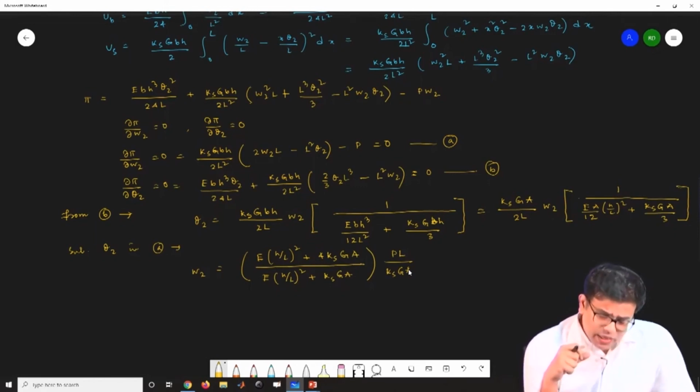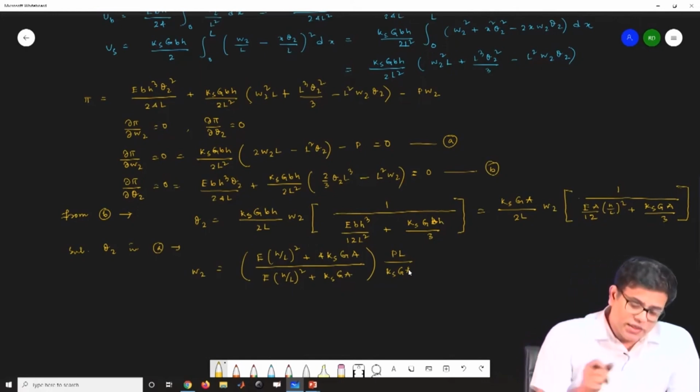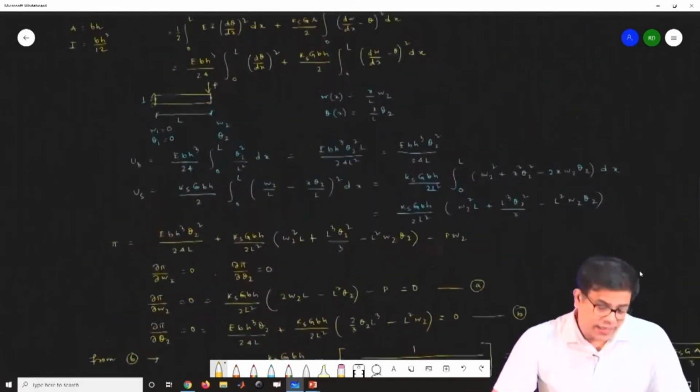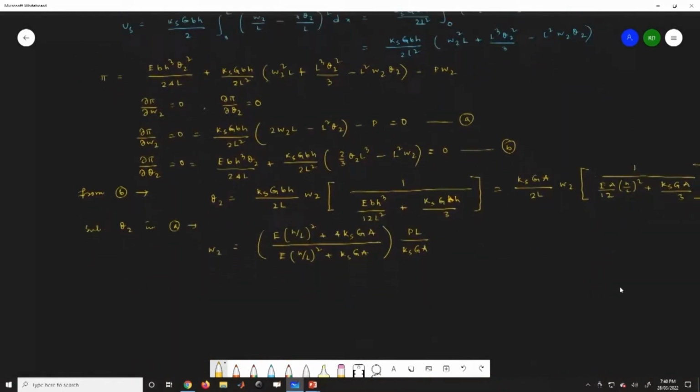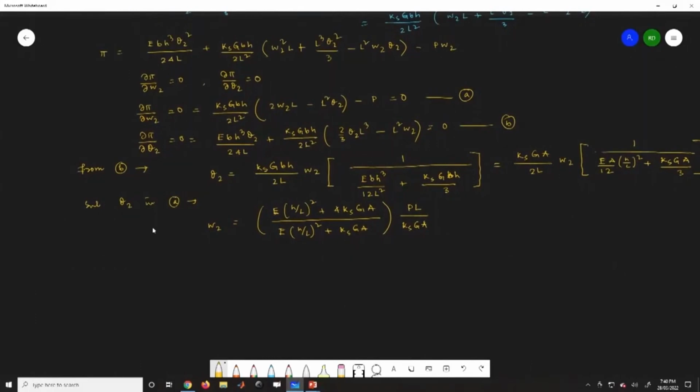So if I say my H by L ratio is close to 0, that means a very thin beam.